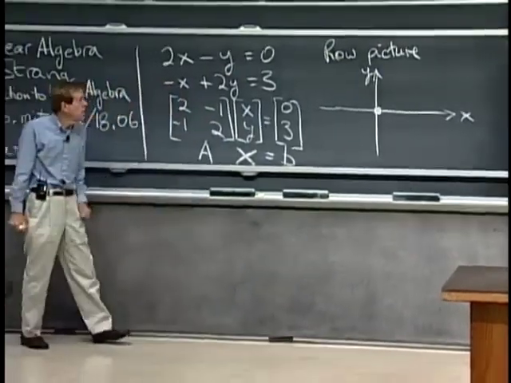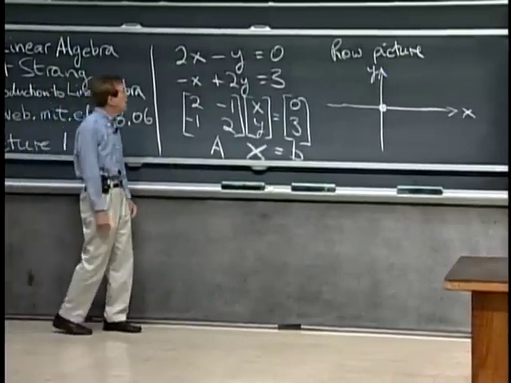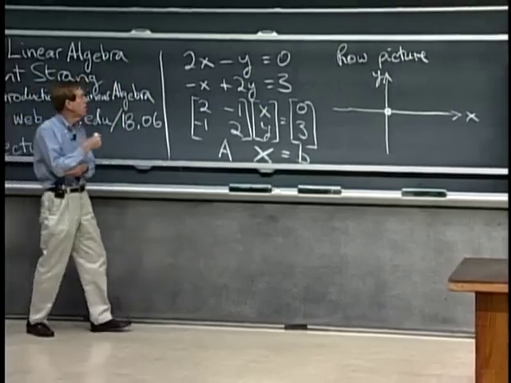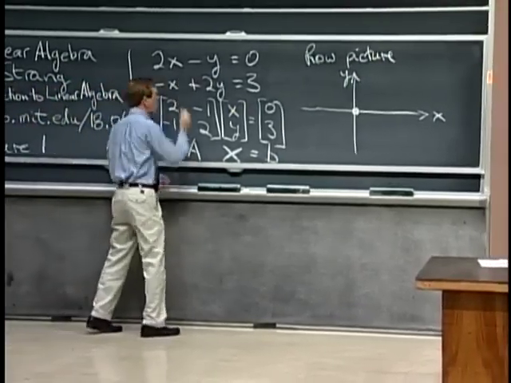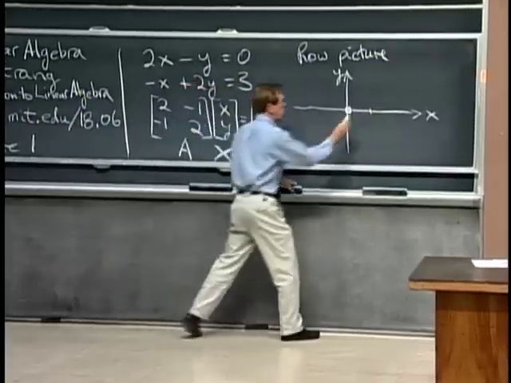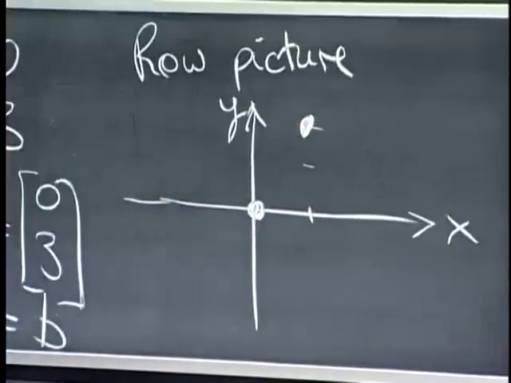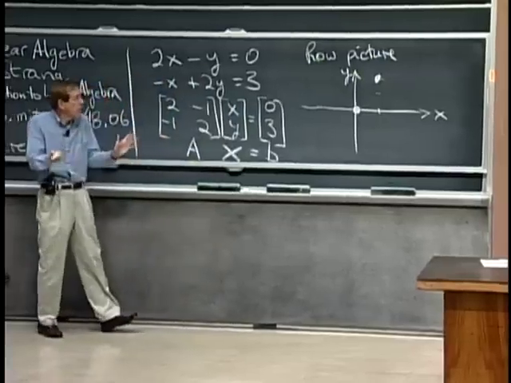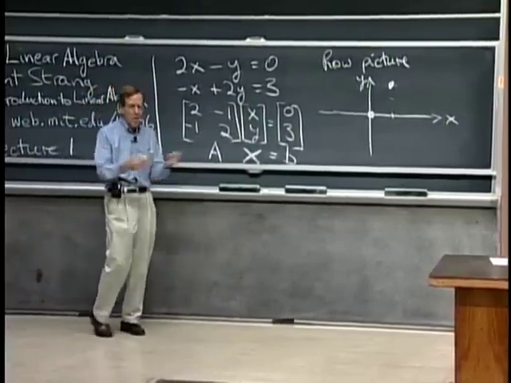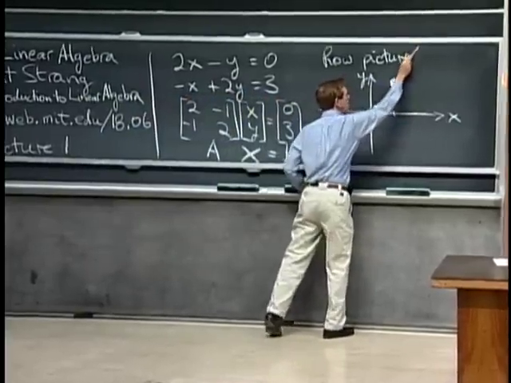It solves that equation. Okay, tell me, well, I guess I have to tell you, another point that solves this same equation. Let me suppose x is 1, so I'll take x to be 1. Then y should be 2, right? So there's the point 1, 2 that also solves this equation. And I could put in more points. But let me put in all the points at once, because they all lie on a straight line.